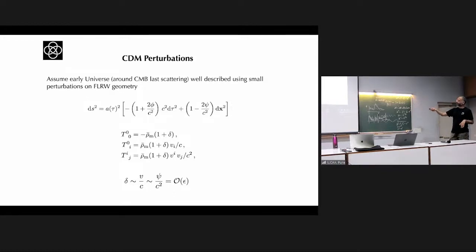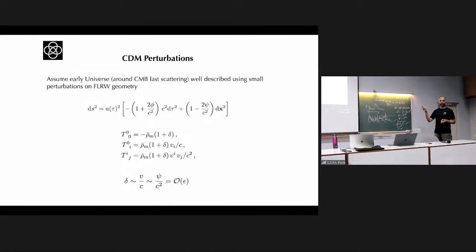We want to set up a system in which delta, velocity, and the gravitational potential at the initial time are all small compared to 1. They are assumed to be comparable to each other, and we just denote them by an order epsilon quantity, where epsilon is some small number, much less than 1. It's like a variable that we use to track the perturbations.